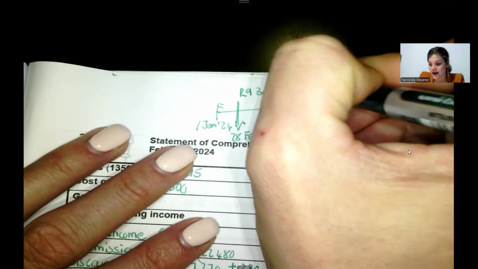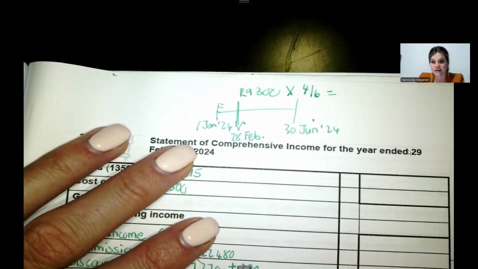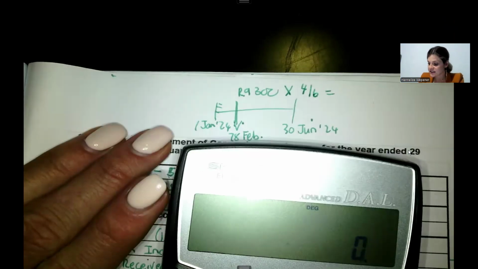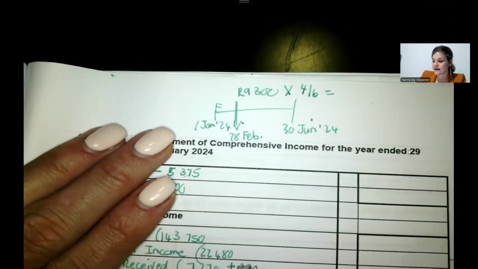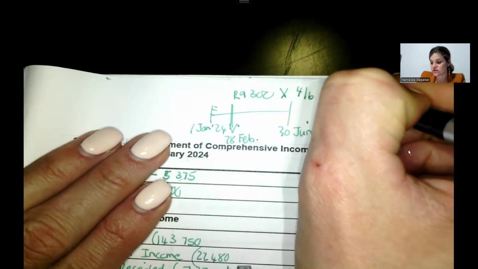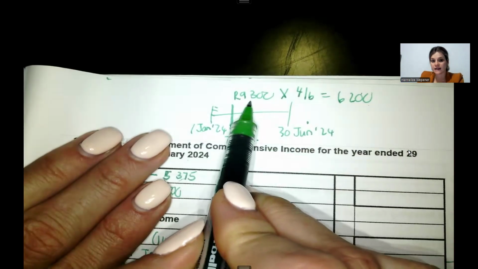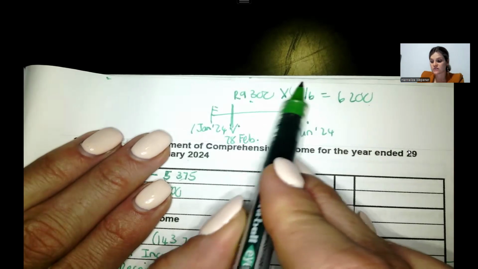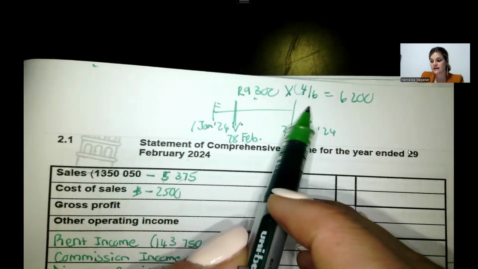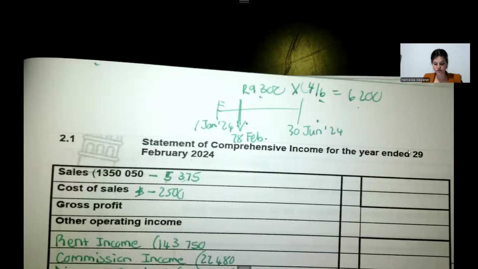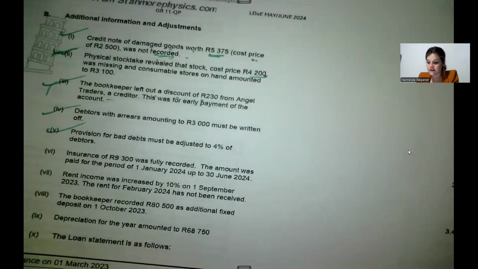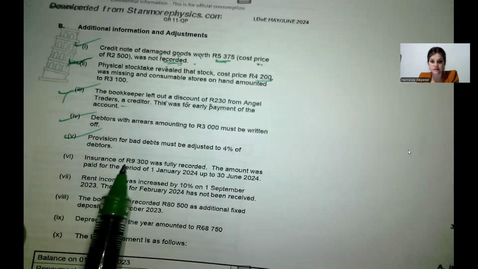So you must now calculate what is 4 out of the 6 months that I've paid for, because I need to see what is that prepayment that I made. And that is 6,200. So it's the total paid times 4, because I want to know the 4 months prepaid out of the 6 months paid in total. So 6,200 that I paid in advance for my insurance.